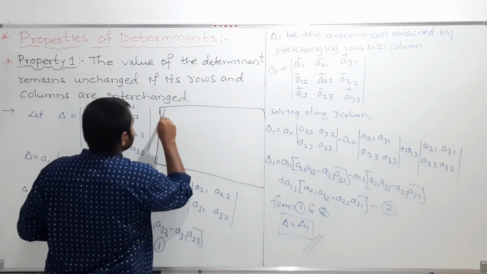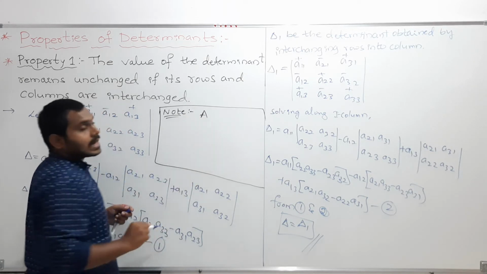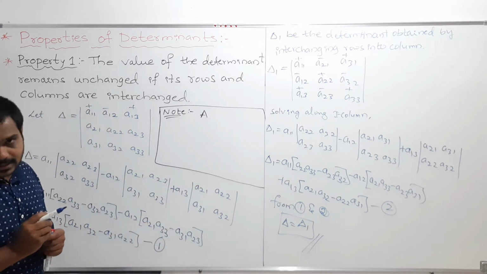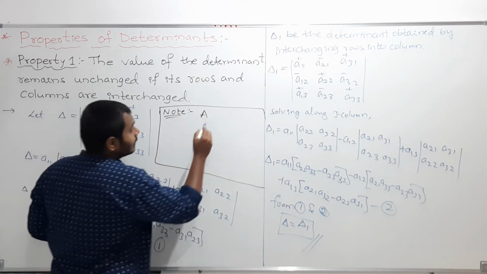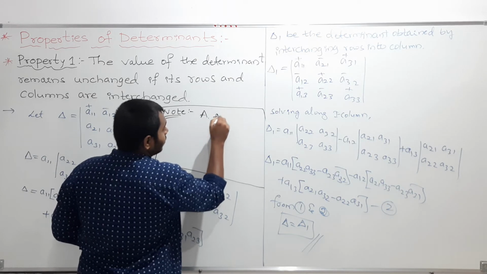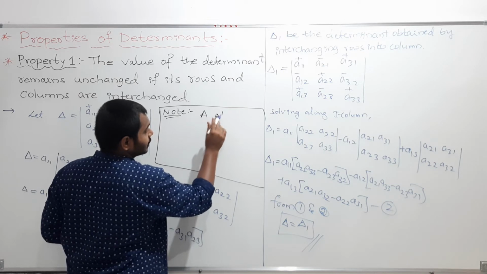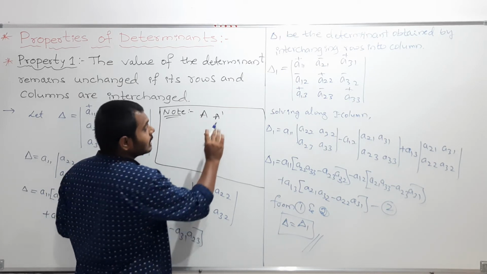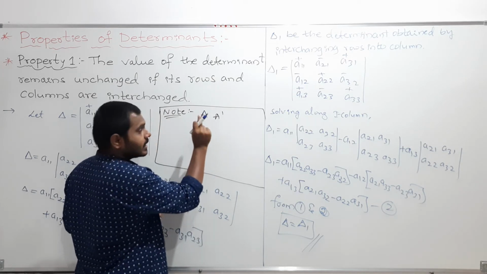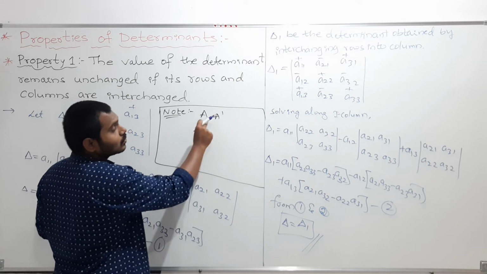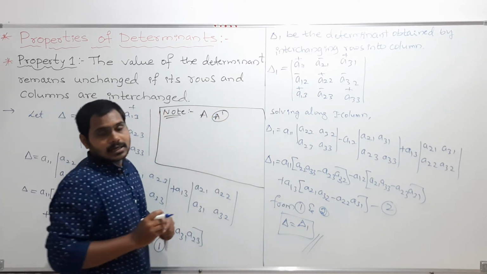If A is any square matrix, then A transpose is nothing but interchanging the rows into columns of the matrix A. Whatever matrix I get after interchanging, I call it A transpose.